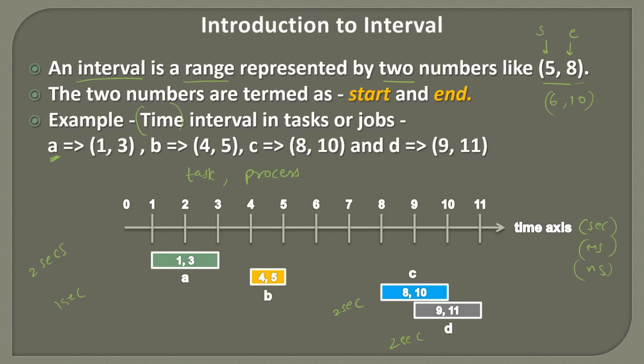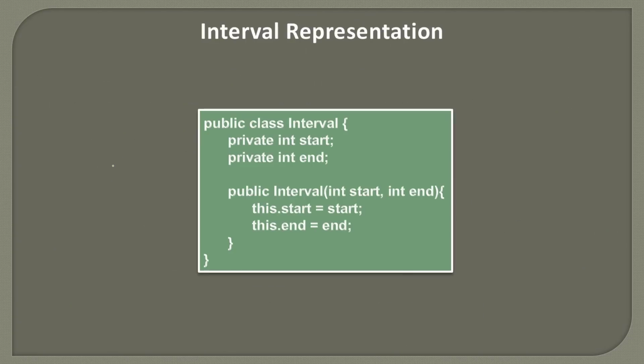So here we saw that an interval has two numbers, start and end. Now let's see how we can represent an interval in the form of code. The interval representation looks something like this: there is a class Interval. This is a custom class which we will create, which has two properties, start and end.